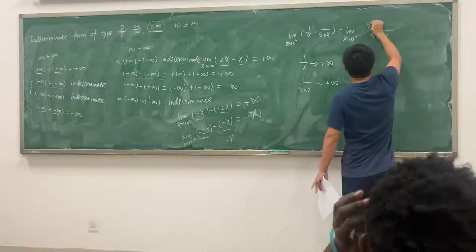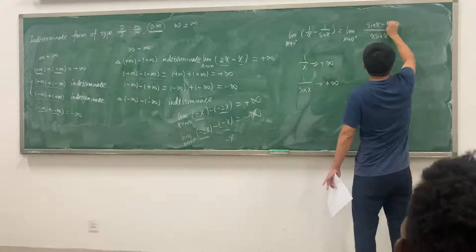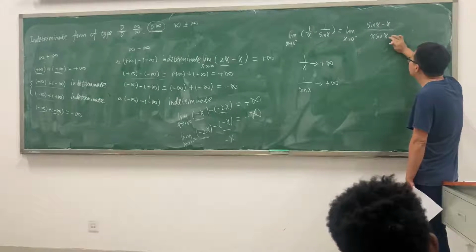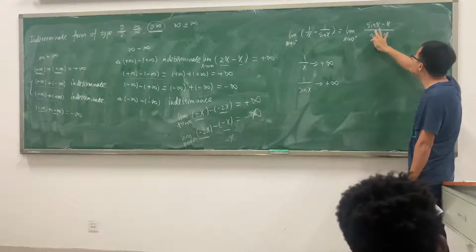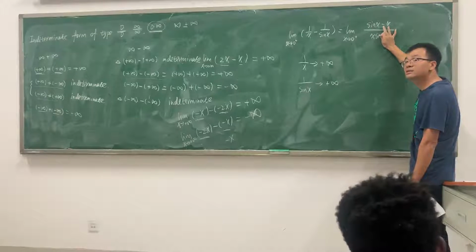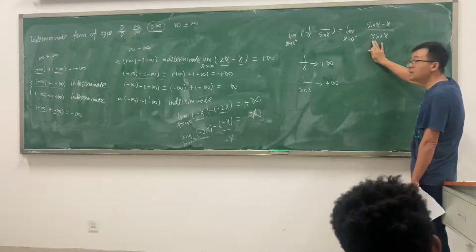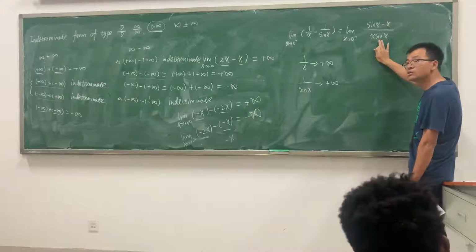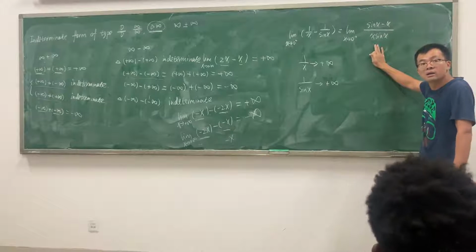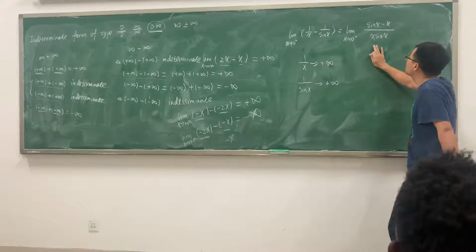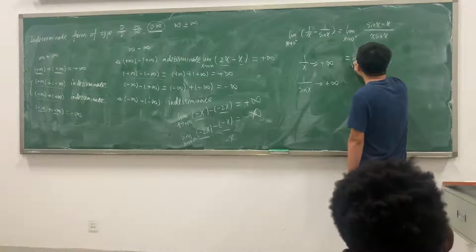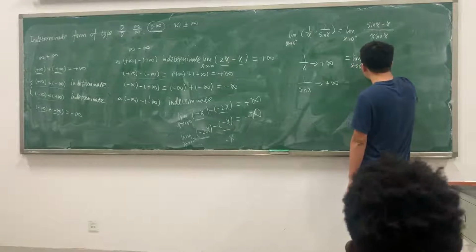As x approaches 0, the numerator is 0 minus 0, which is 0, and the denominator is 0 times 0, so here it is 0 by 0. So we can use L'Hopital's rule.